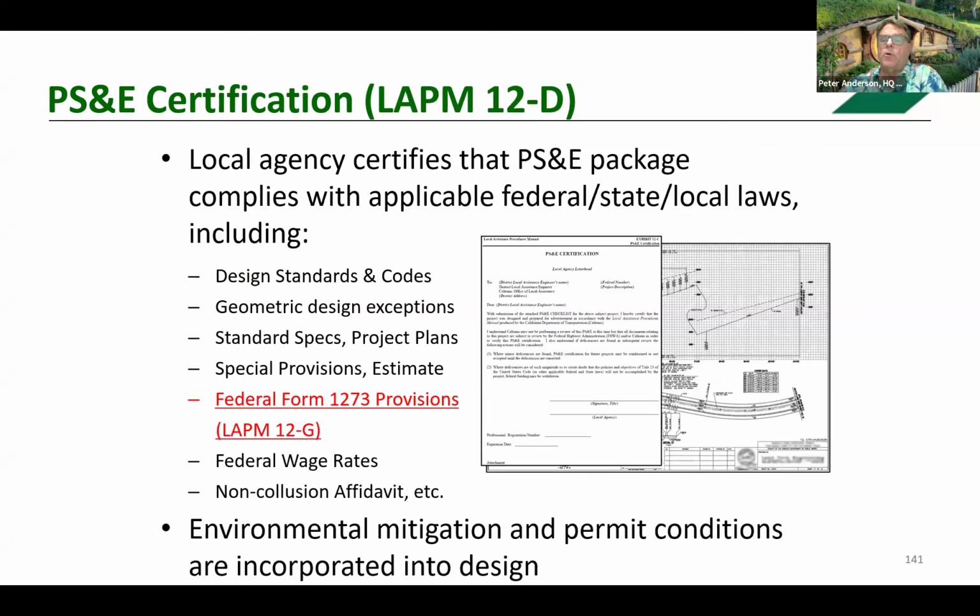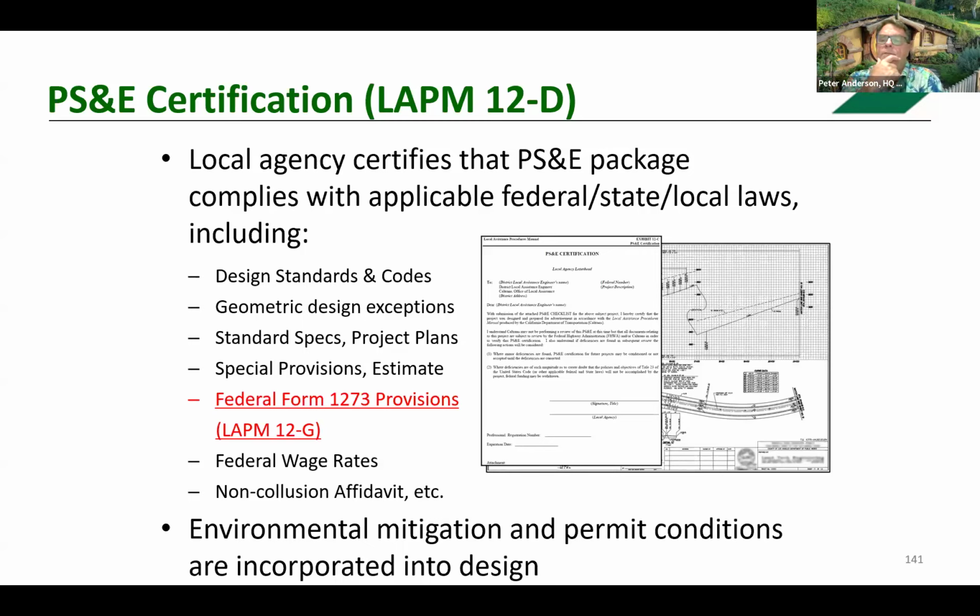As mentioned, the local agency is required to submit this checklist with their construction request for authorization. This checklist covers geometric standards and exceptions, the source of their standard plans and specifications, and federal contract provisions.